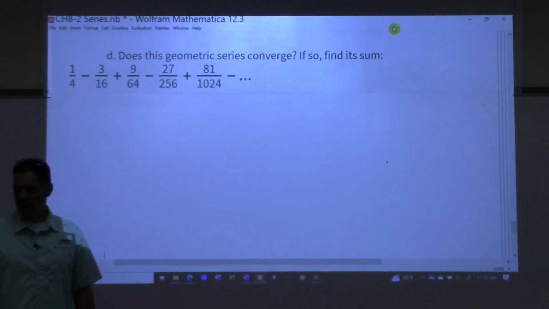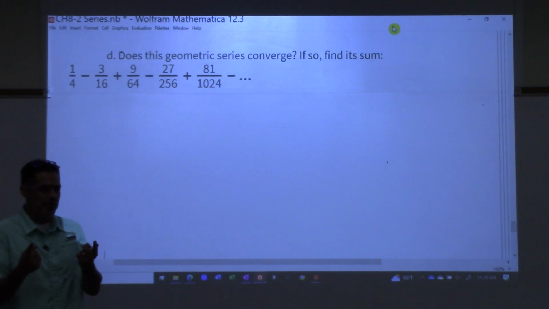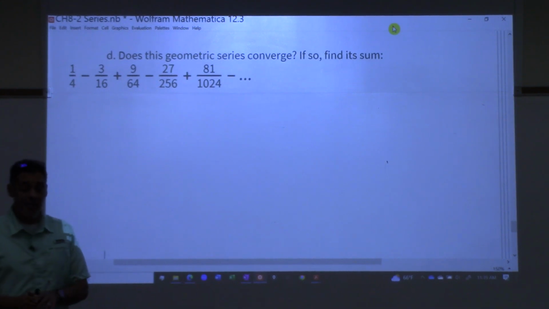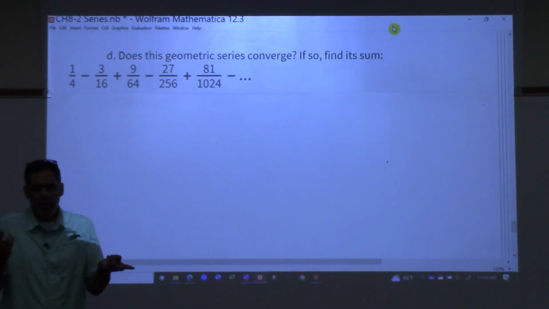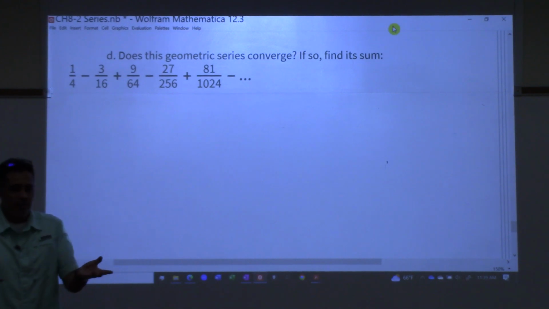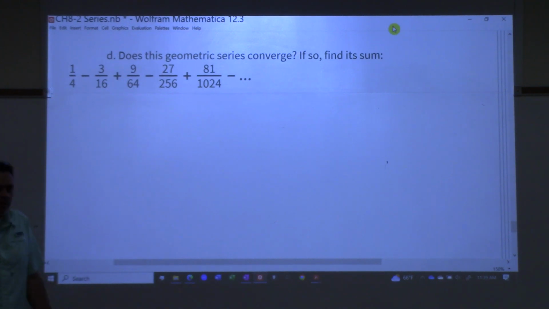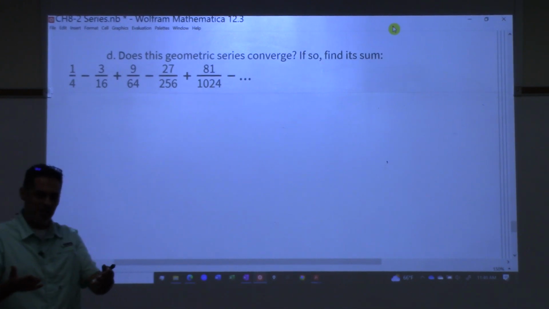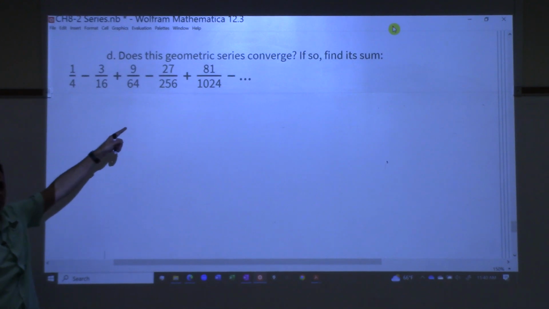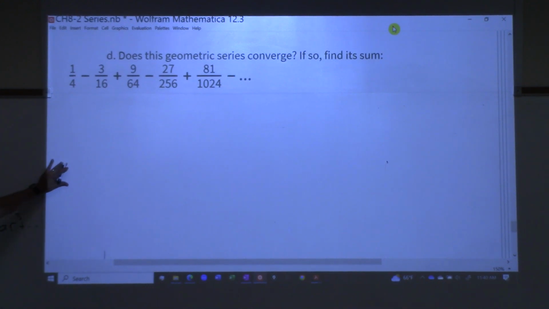I'm telling you it's geometric or telescopic, because there's only two series that we can find the sum of, geometric and telescopic. Students will still forget that's a hint. So I state again, as I do every semester, if I ask you to find the sum of a series, it's either geometric or telescopic. And the sum is what it converges to.